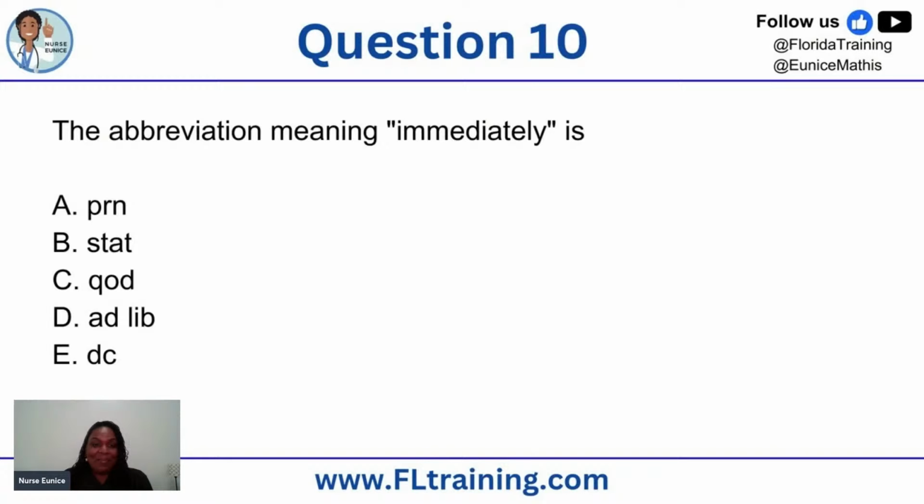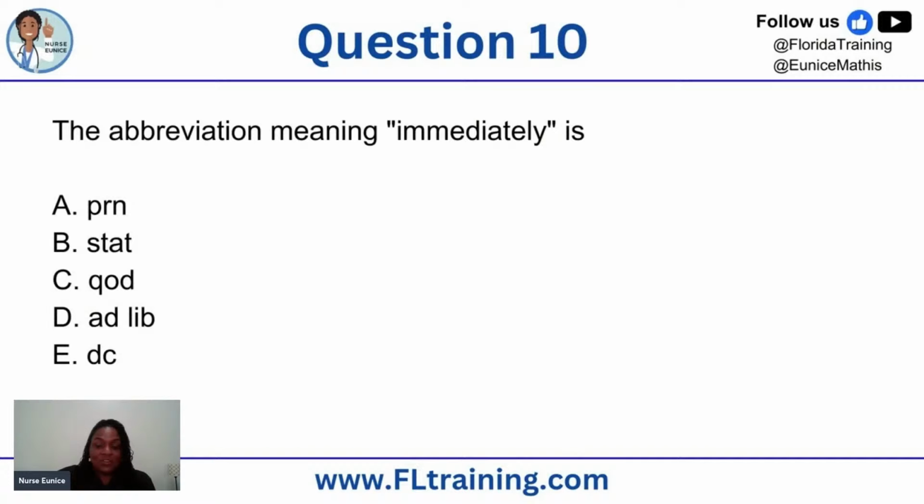All right, question 10. The abbreviation meaning immediately is it PRN, STAT, QOD, ad lib, or DC? Todd says Michigan. Okafor says Texas. All right, so what is the medical abbreviation for immediately? If I tell you to go do something right now, I'm probably not going to say immediately.